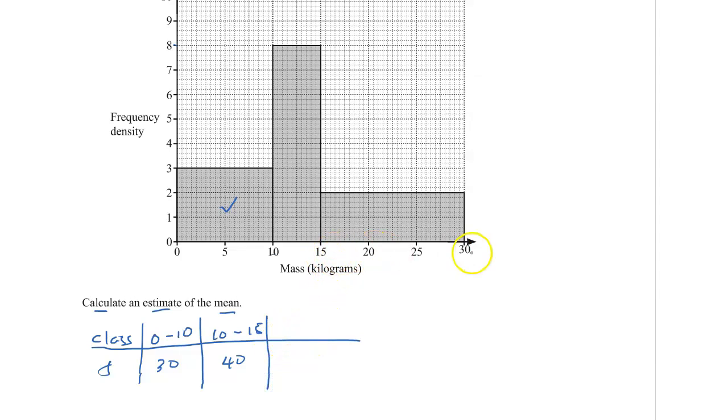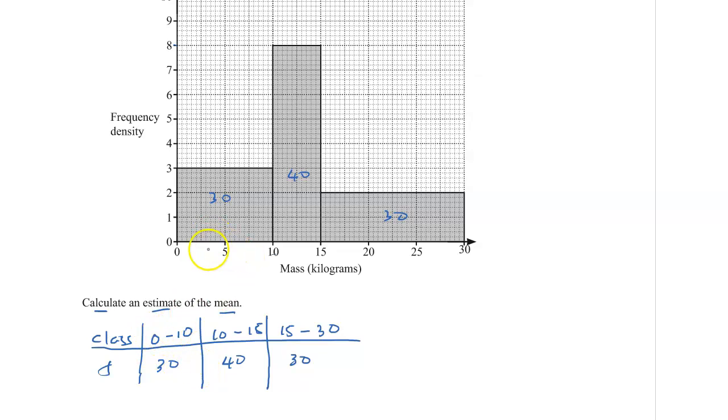And 15 to 30: this is 2 times 15, you get 30. This is 40, this is 30, this is 30. We have that.